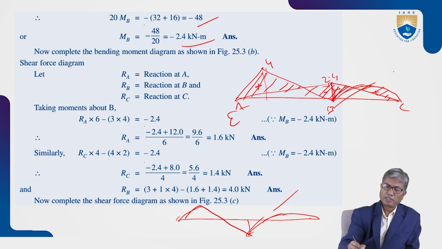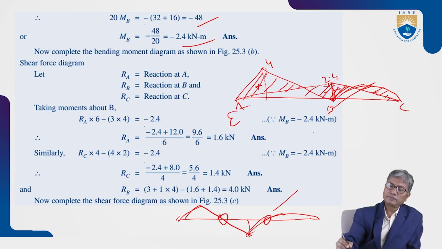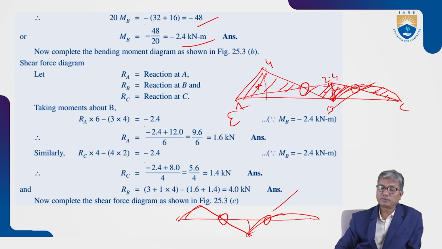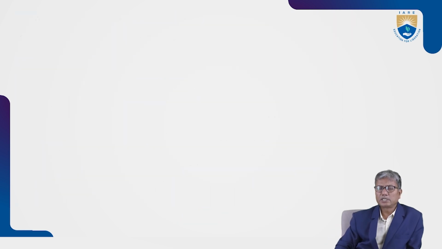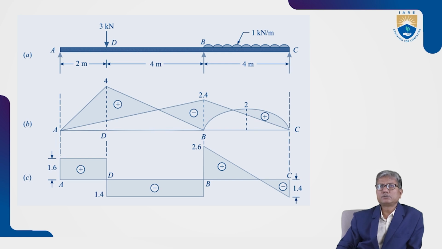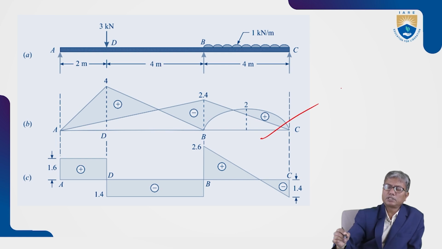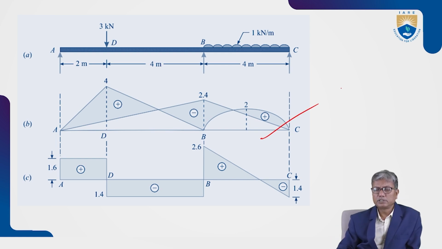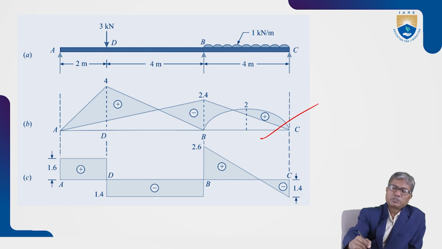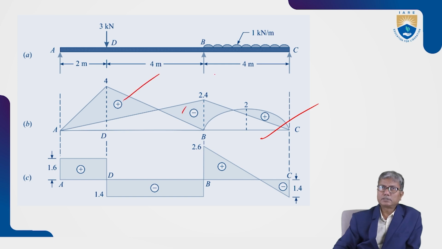And these points are called points of contraflexion. We can locate them by equating bending moment to 0. This is the bending moment diagram, obtained by superimposing positive bending moment and negative bending moment diagrams.